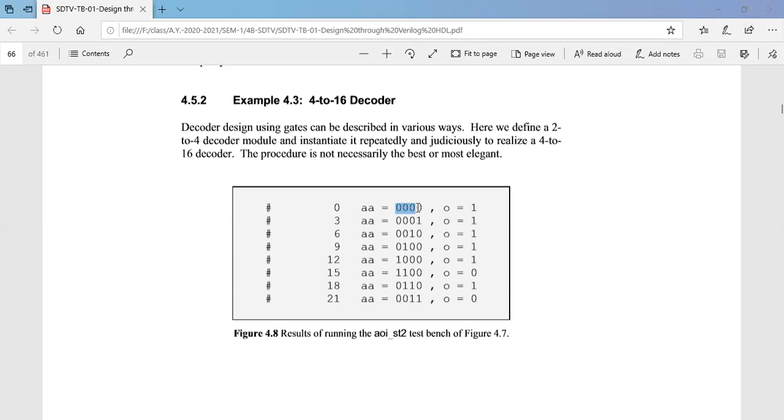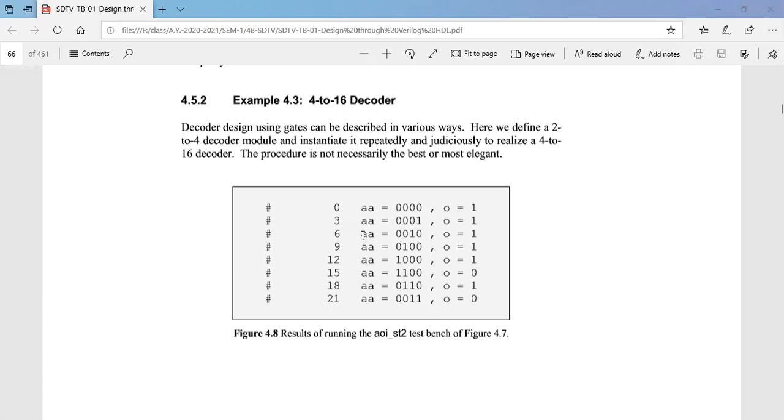Here you can see we have missed an extra 0 there. Here we have exactly, at the initial point of time, when the vector A has all 4 bits zero, the output is 1. For vector A, after 3 units of time, the output is 1.